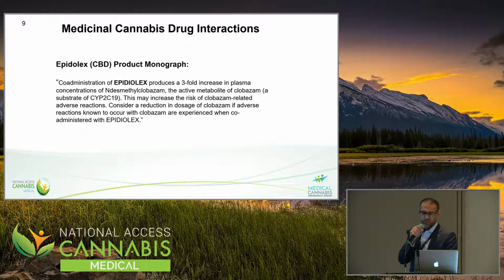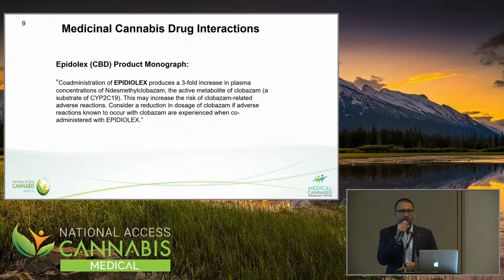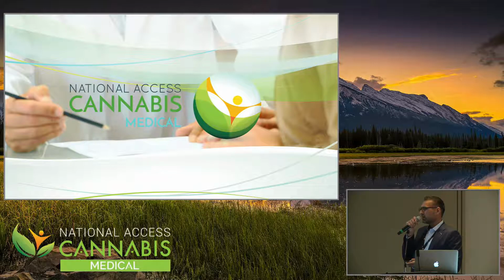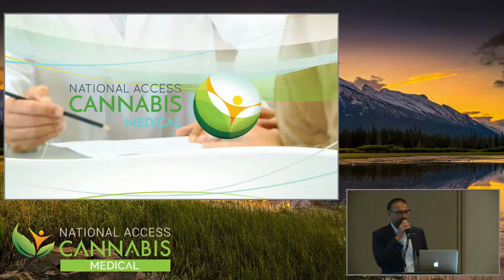So the other interactions, this is just part of the monograph for Epidiolex. Again, they'll list a series of interactions, a series of enzymes, and then their statements are typically that these drugs may potentially interact based on their enzymatic metabolism. And that's it. Any questions on that?